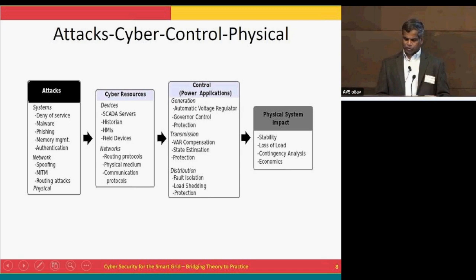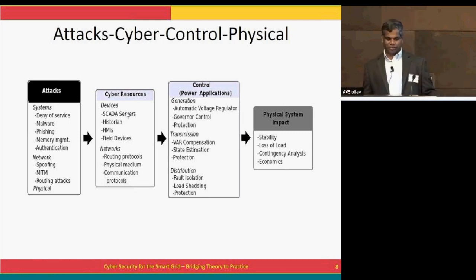Somebody creates an attack, whether it is phishing, malware, spoofing, or man in the middle, on the network, the devices or the servers, so the cyber layer is compromised. That doesn't mean there is going to be a blackout or equipment damage.